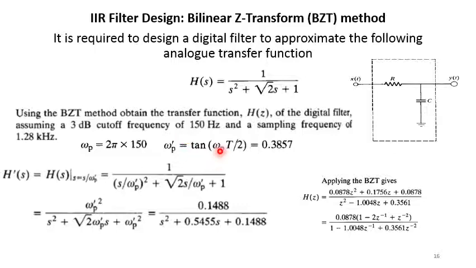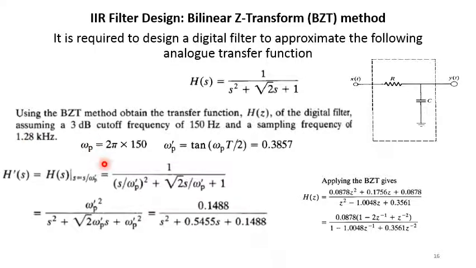So straight away, W of P is 2 pi times 150, and T is from the 1.28 kilohertz frequency. The reciprocal of the frequency will be the time, so capital T will be equal to 1 over 1.28 kilo.